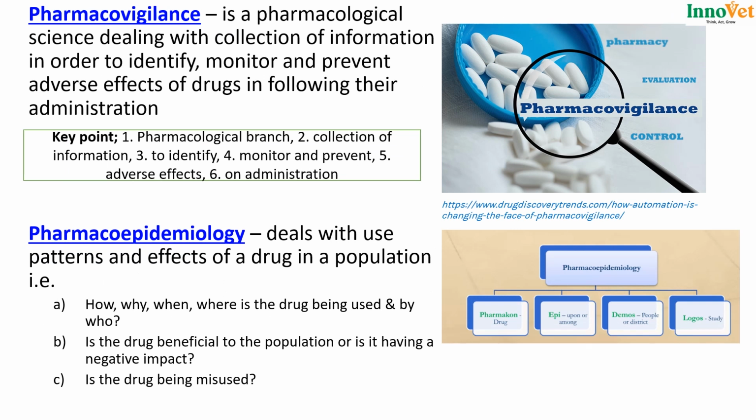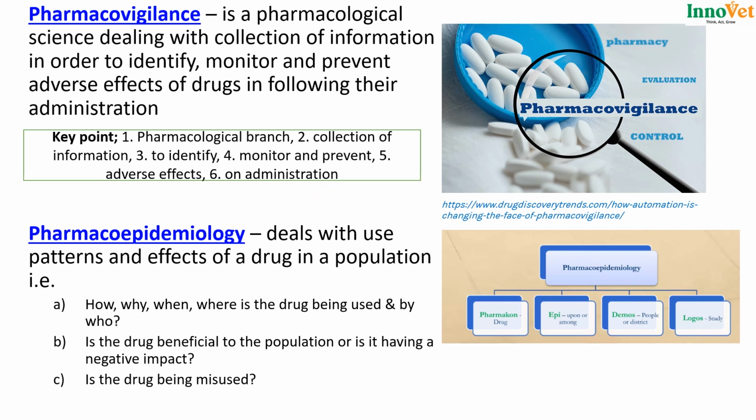When we go to pharmacovigilance, it's a pharmacological branch, and this branch will involve more of collection of information. We collect information. After collecting this information, the aim is to identify, monitor, and prevent adverse effects when we administer a drug.